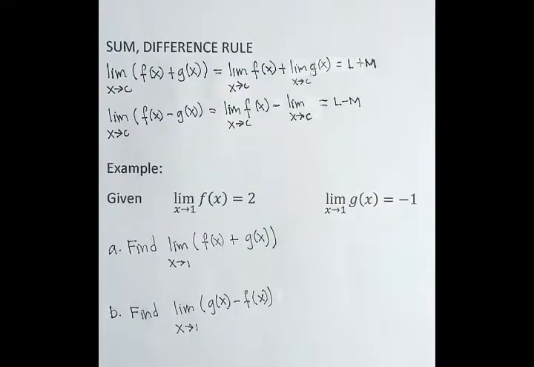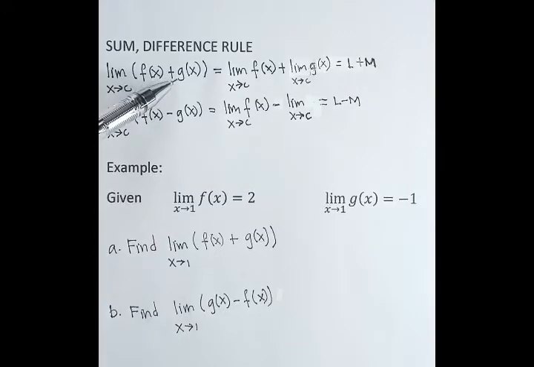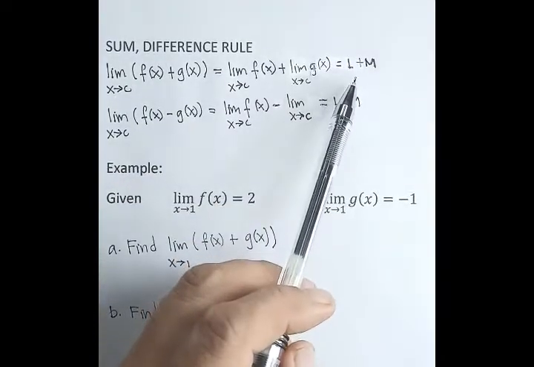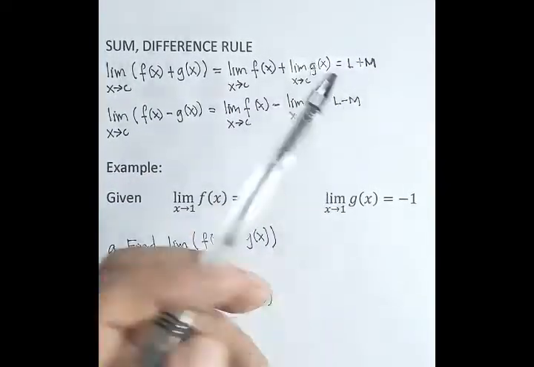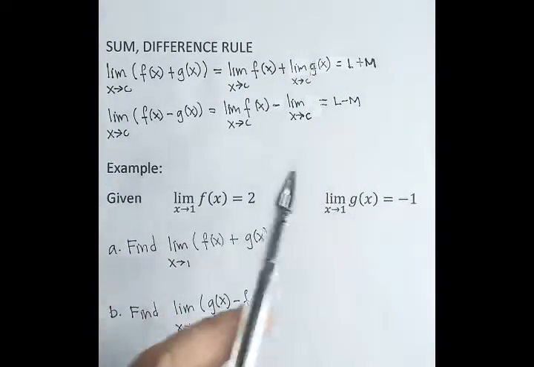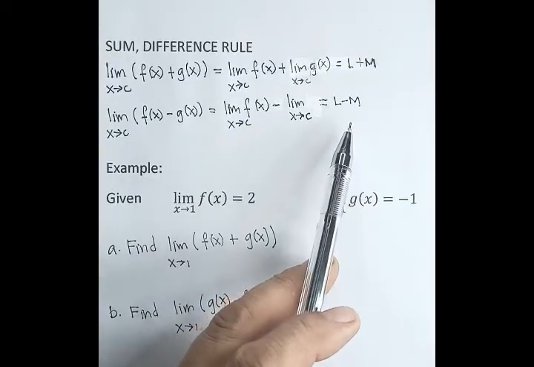But for the sum and difference rule, if we're given the function of x plus the function of x as x approaches c, if this is a sum, the simple explanation is that it is also the sum of the limits, and for the difference, also the difference of the limits.